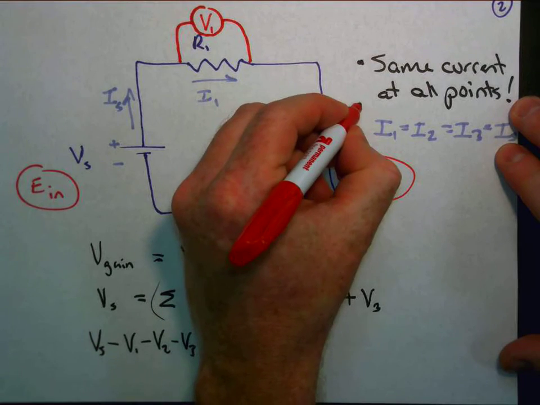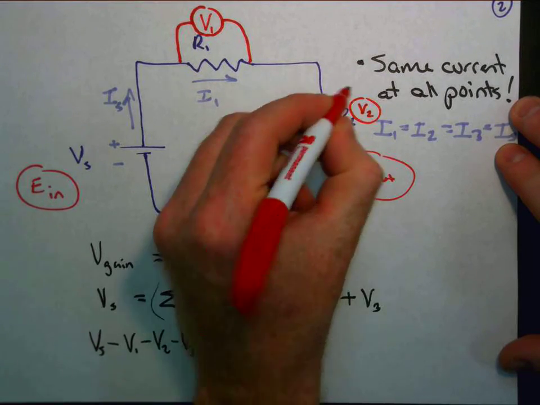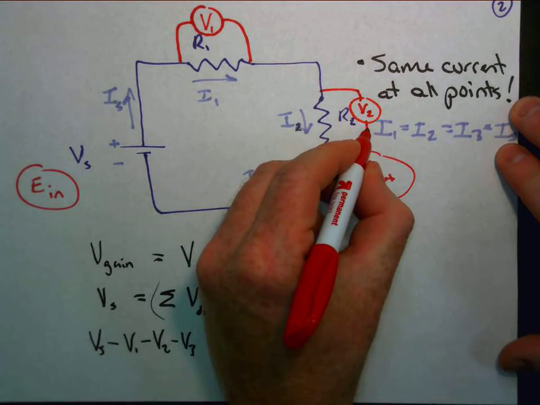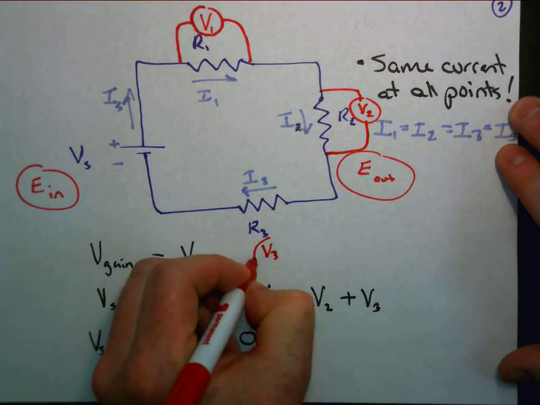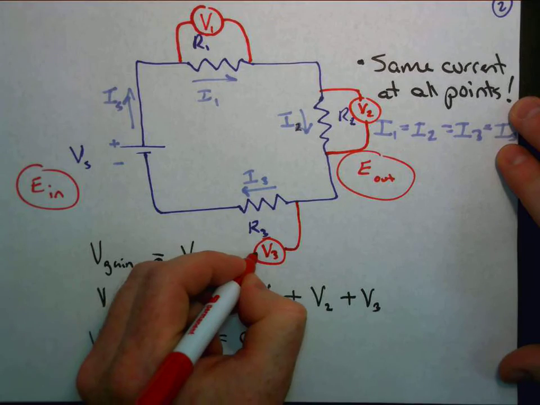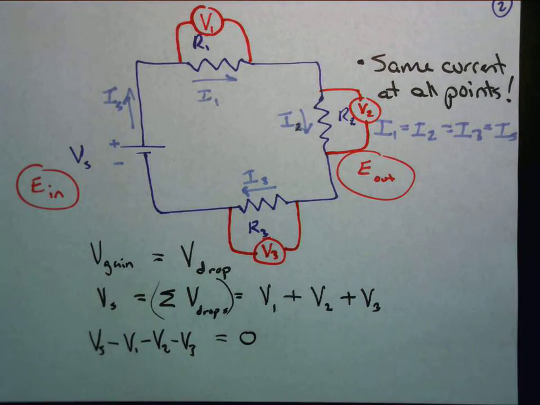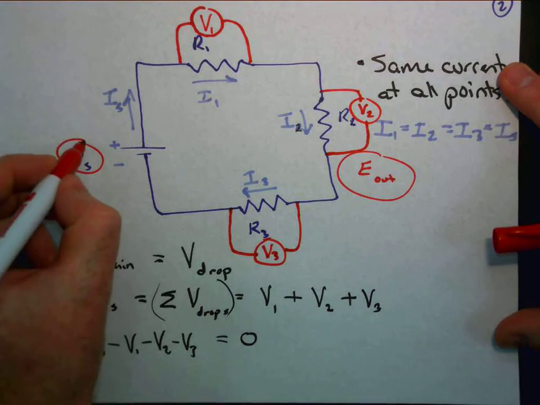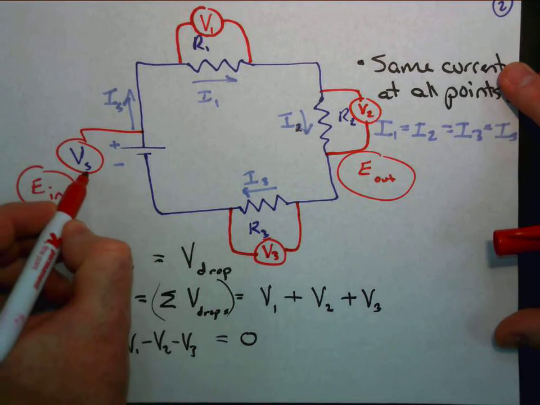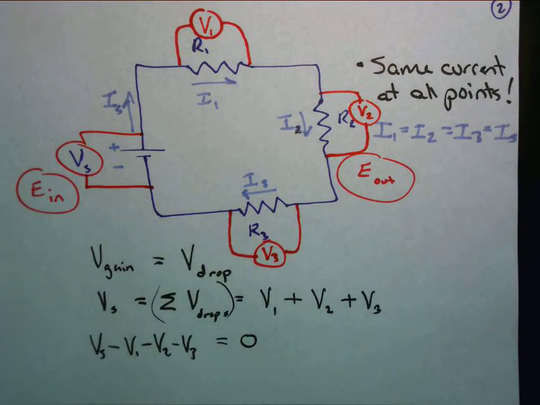There is a V2. And we can measure it across resistor 2. And a V3. Measure it across R3. And so, here's our other voltage right here, right? Voltage of the source. If I were to measure that, I'd have to hook up my voltmeter like that across the power supply or the battery.